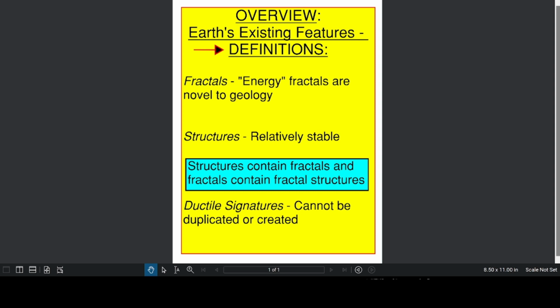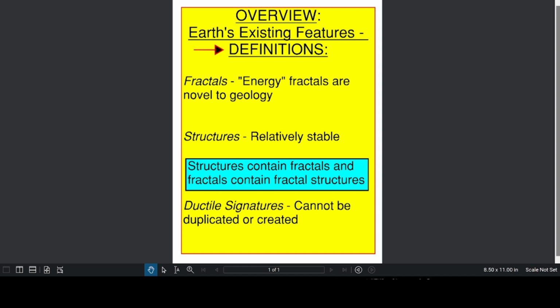Okay, so I know this is some weird stuff, but anyway, these structures and fractals show ductile features. Ductile features formed under high energy, high temperature, high pressure conditions. Fractals always show ductile features, whereas structures show ductile and brittle features. There's brittle faults now on our structures, on our continents. So that's the difference.